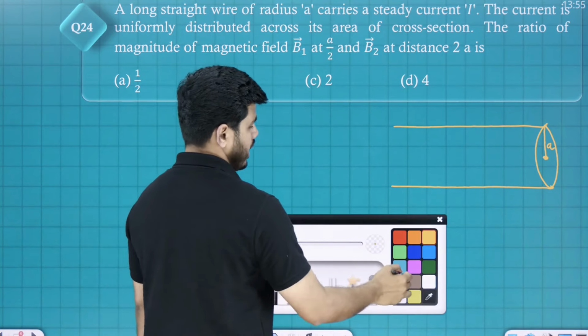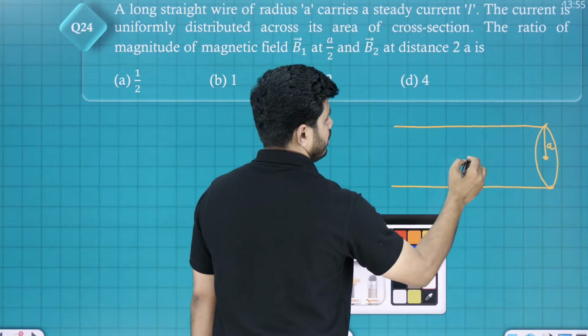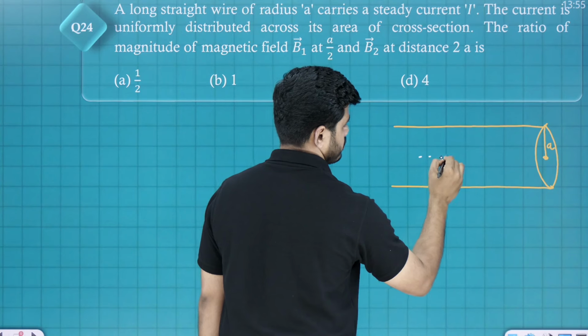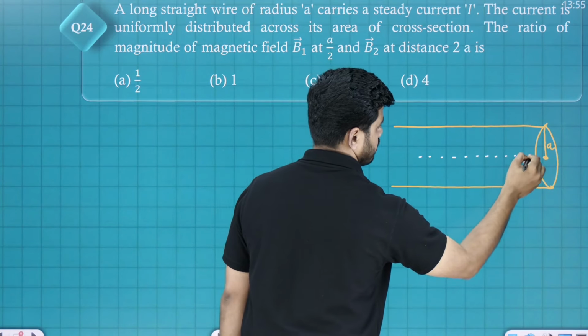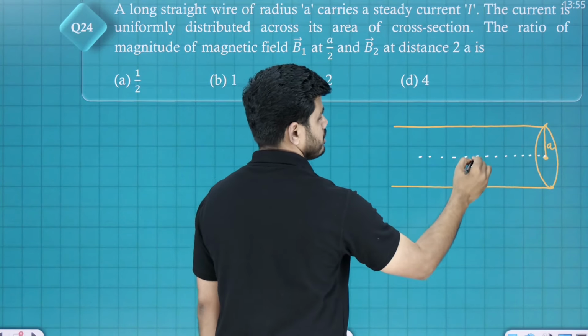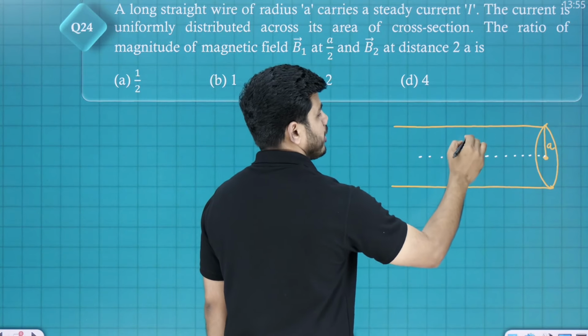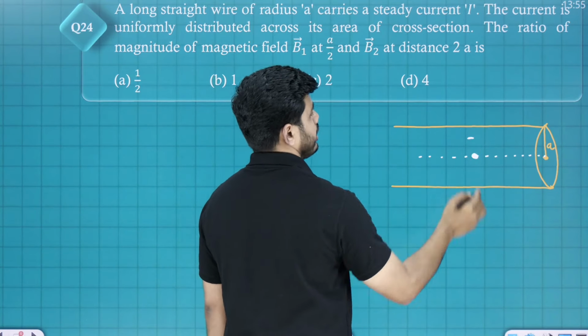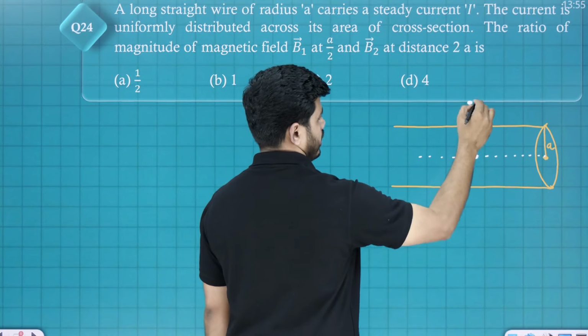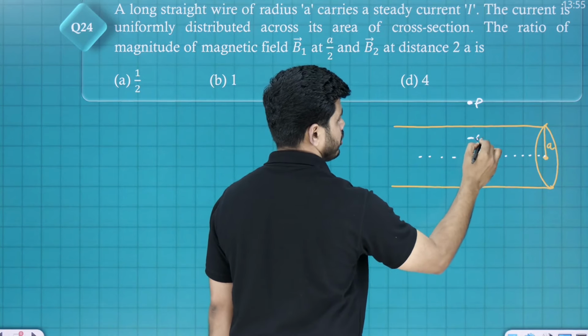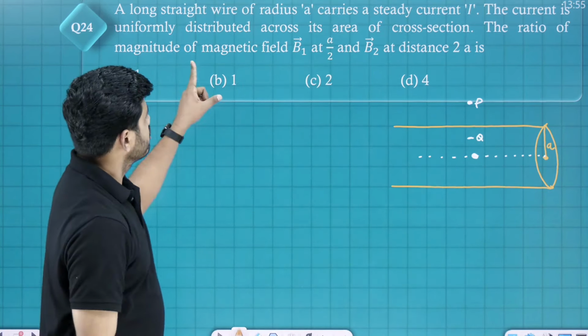Now we have to find the magnetic field at two different points. This is the center, suppose the axis of that particular conductor. So we have to consider this as the center of the wire. Then we have to go for a point P here and another point Q, because we are talking about 2 points.